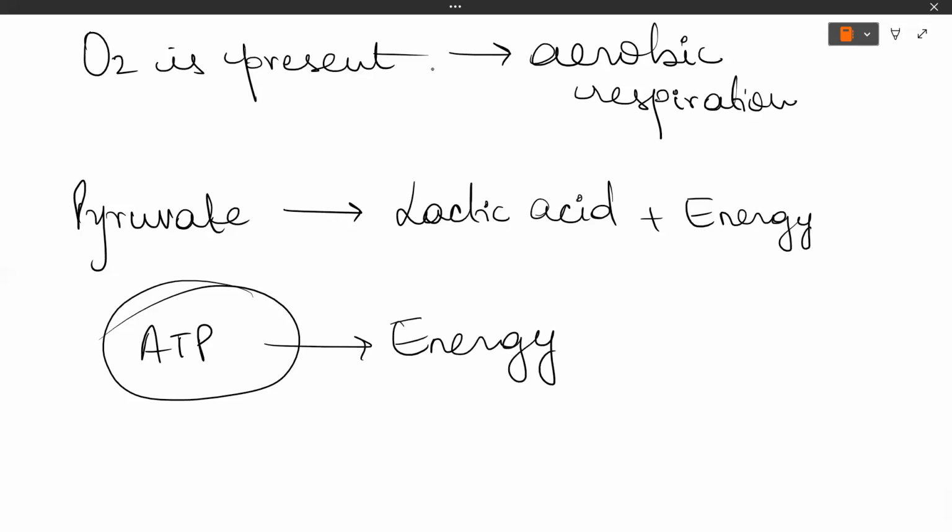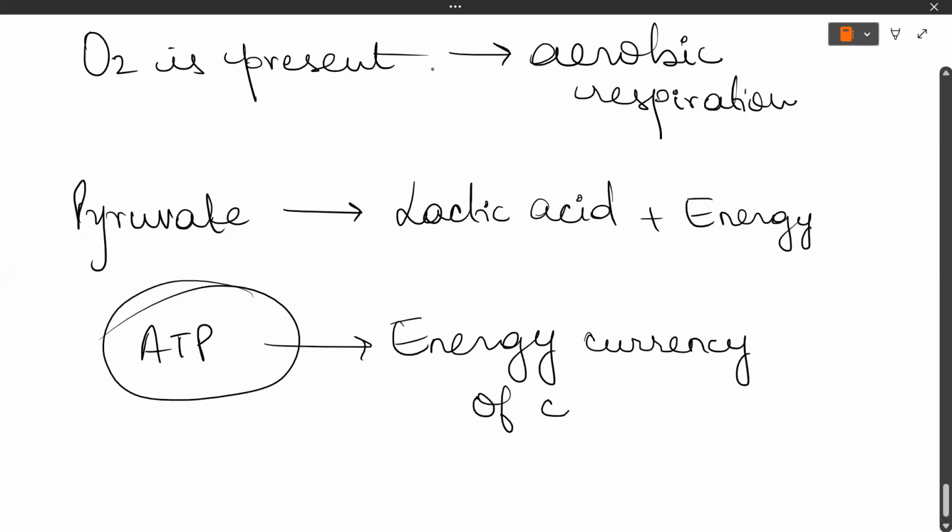You must have read this in your previous class, isn't it? Energy currency of the cell. Now see, why is it known as the energy currency? Because wherever we require energy to do work, at that place ATP is synthesized. And when ATP breaks down, a lot of energy is released.